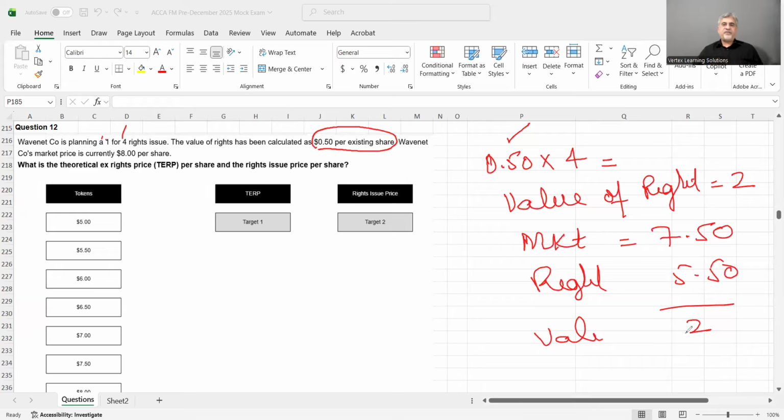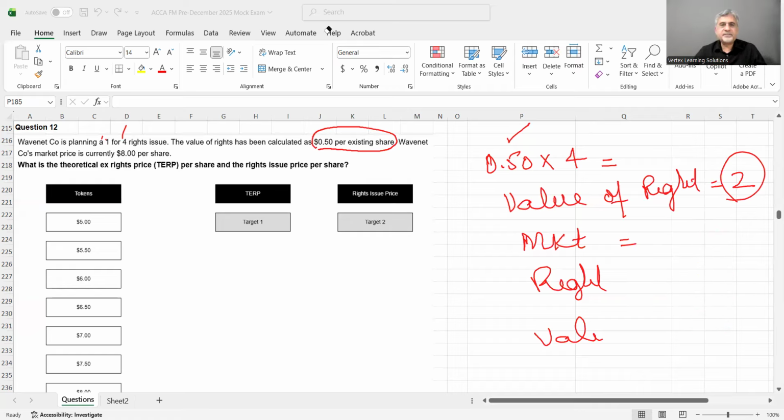7.5 minus 5.5. So we say, oh, the share price is, no, that is not 7.5. Share price is 8 actually. Share price is 8, right? Sorry.